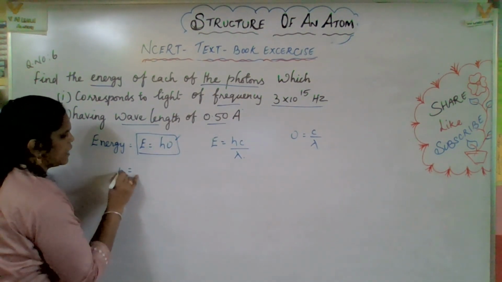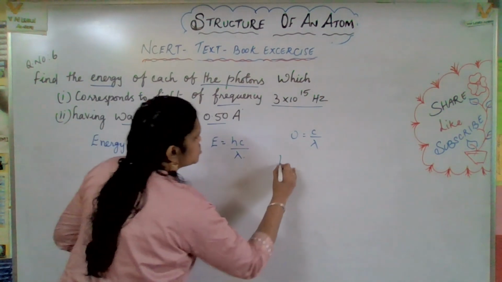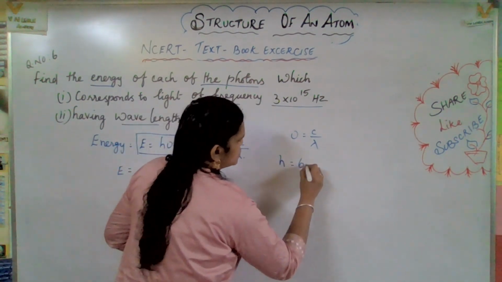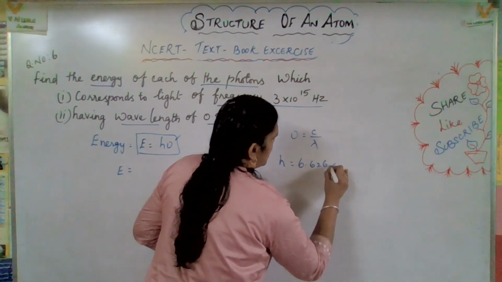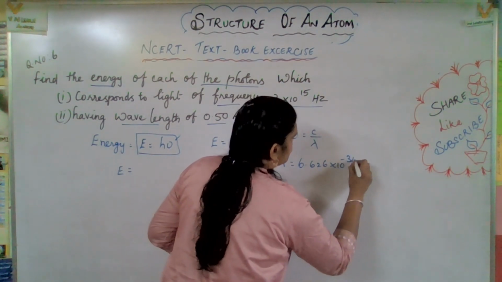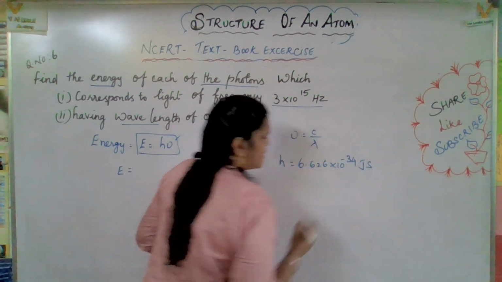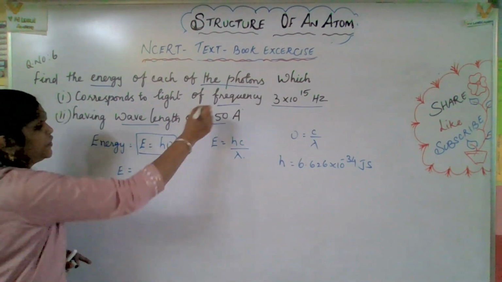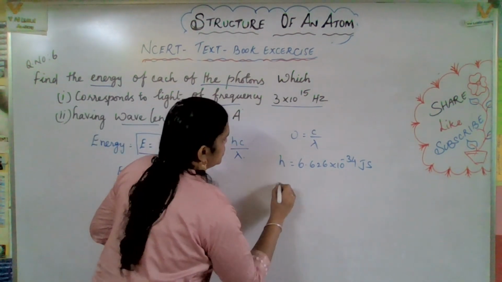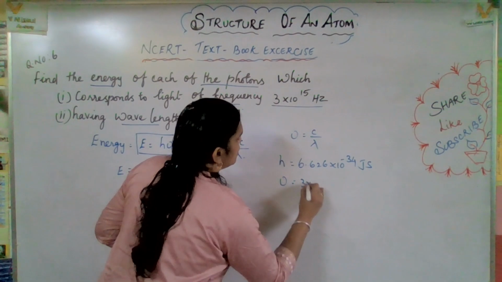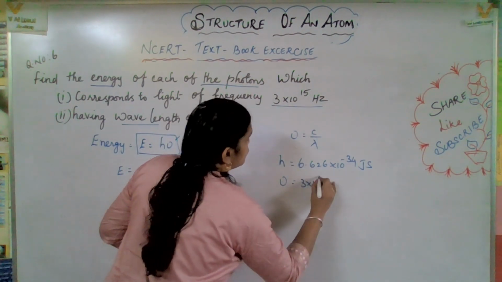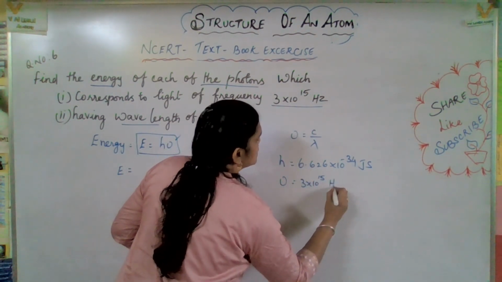So E equals h, where h is Planck's constant, 6.626 into 10 to the power of minus 34 joule second, right? And the nu value they have given is 3 into 10 to the power of 15 hertz.